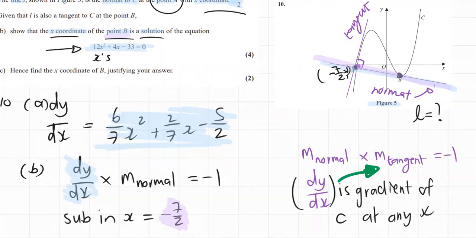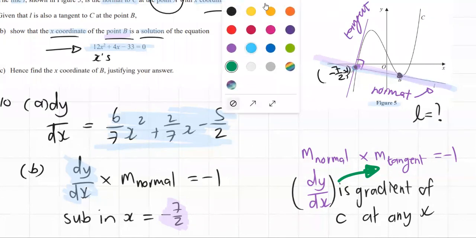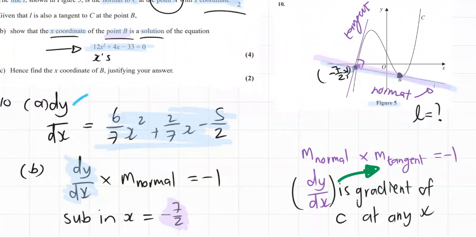I started this off with trying to get the line L, but I think with just the gradient, we can probably solve this now. Let's take a look. So this is our dy dx, and we know that dy dx is the gradient of the normal.